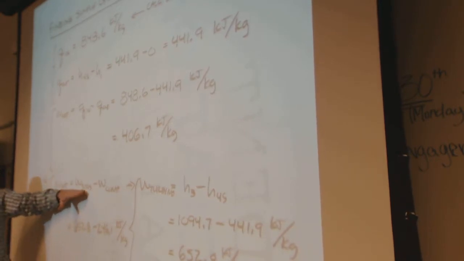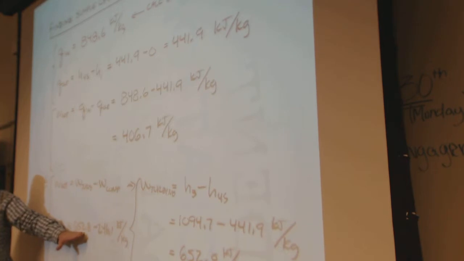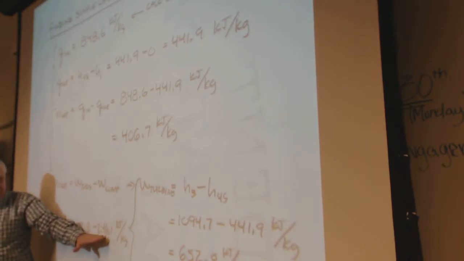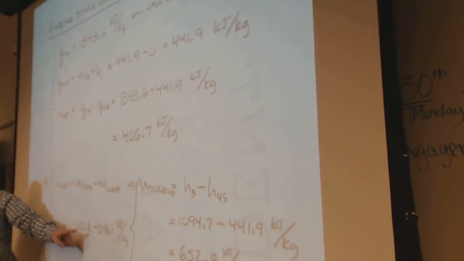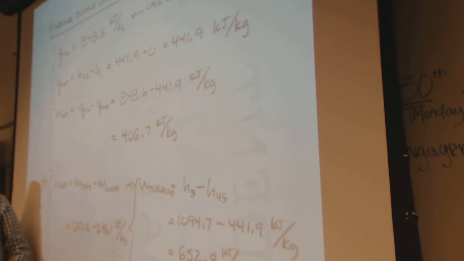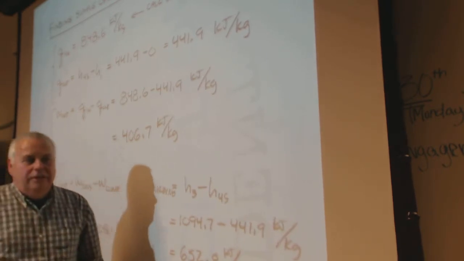You can also look at it as net work is turbine work minus the compressor work, which is 652 minus 246, and you get the same number. It works nicely that way when you're just doing things theoretically.